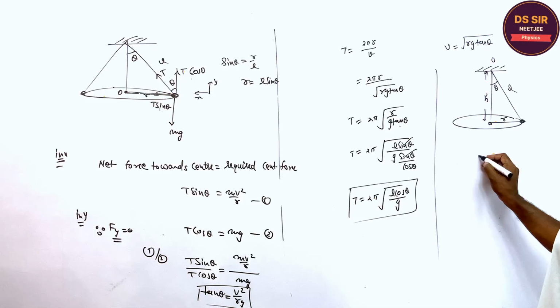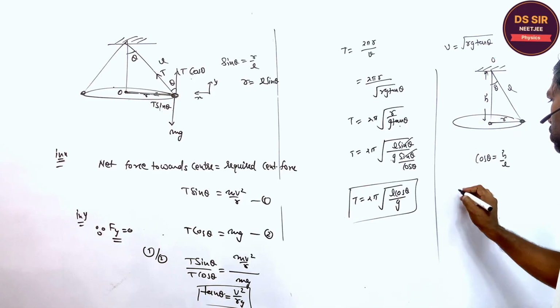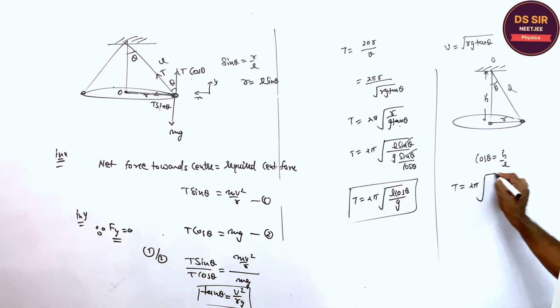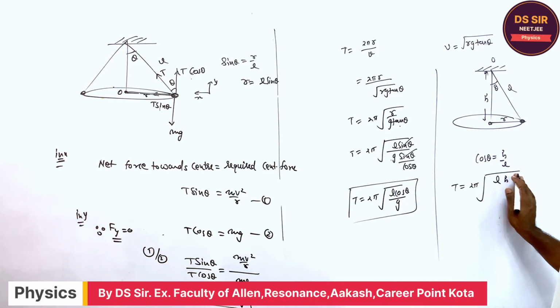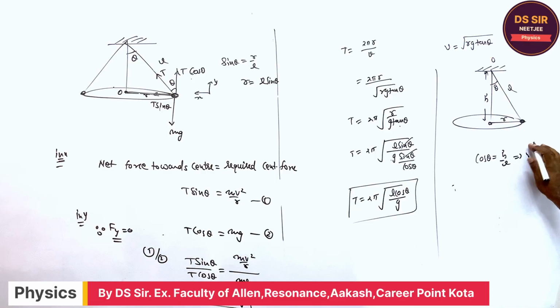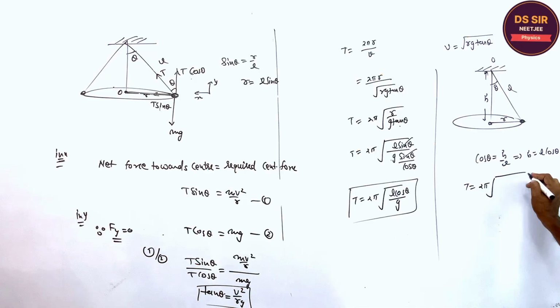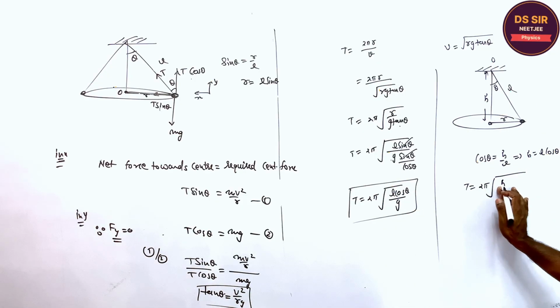So you tell me what is the cos theta. In this case, h upon L. So h is equal to L cos theta. So T may be written as 2 pi root h upon g. Are you getting or not?